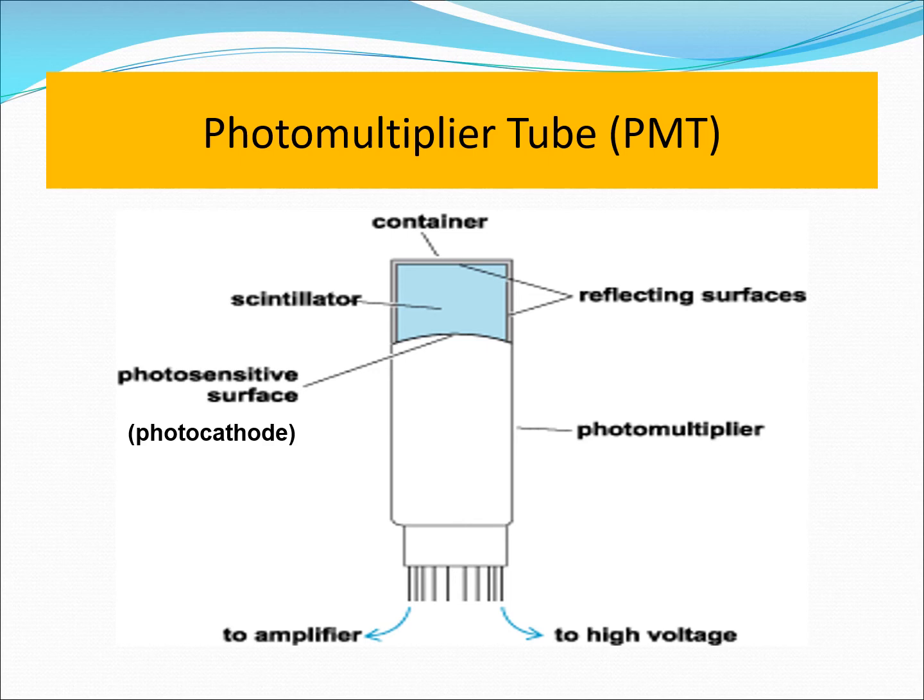There may be 9 to 12 dynodes placed within the photomultiplier tube, which are capable of amplifying from a few electrons to more than 1,000,000 times, so that this results in amplification of the signals that come from the detector.